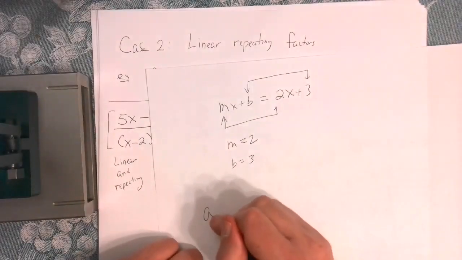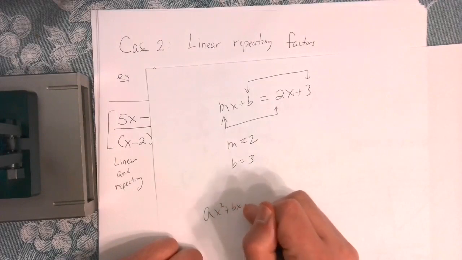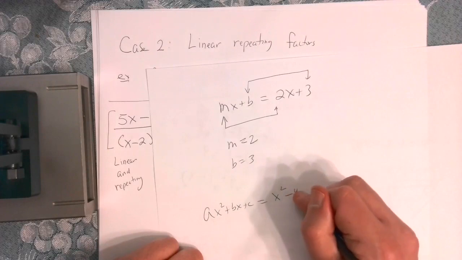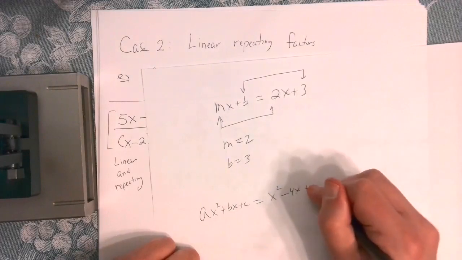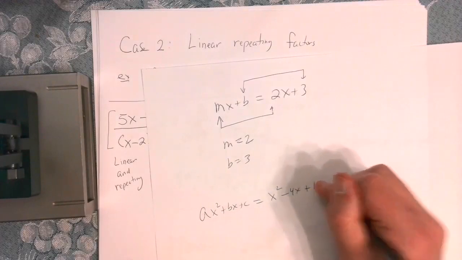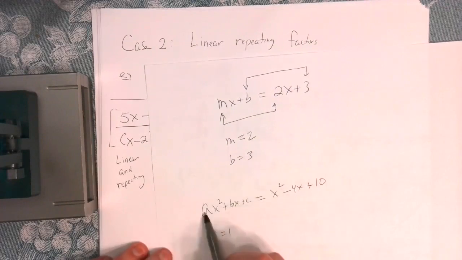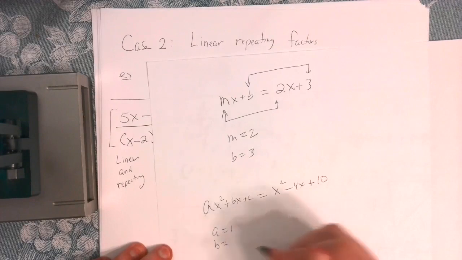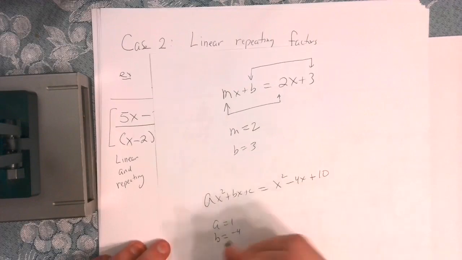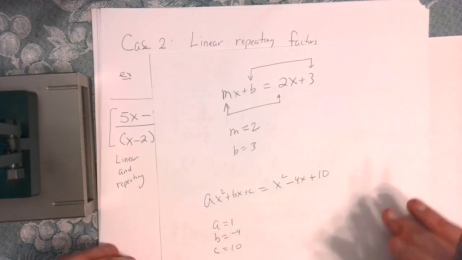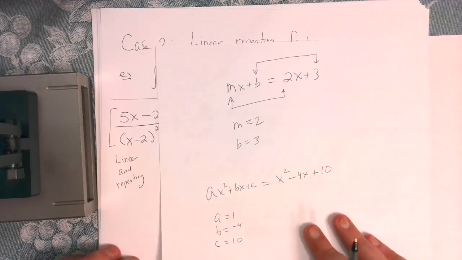So if I said Ax squared plus Bx plus C is equal to x squared minus 4x plus 10, you'd say, oh, well, A is equal to 1, B is equal to minus 4, and C is equal to 10. It's the same idea. It really is.